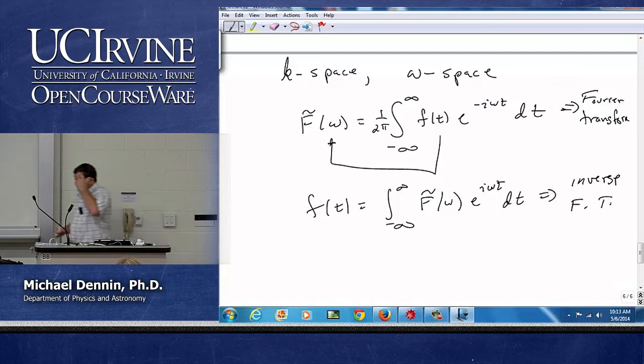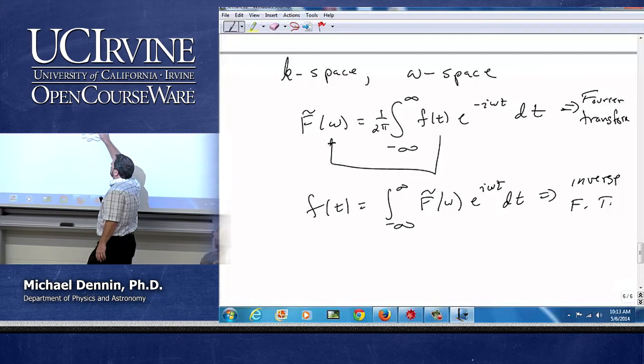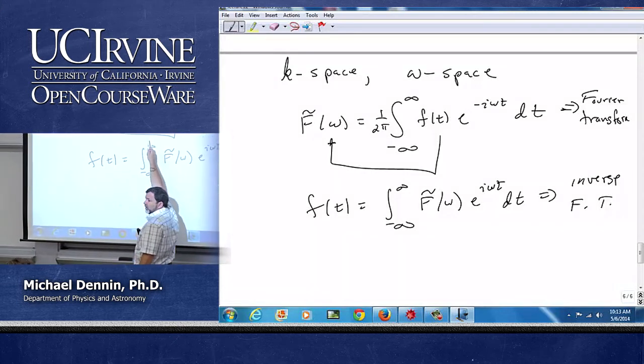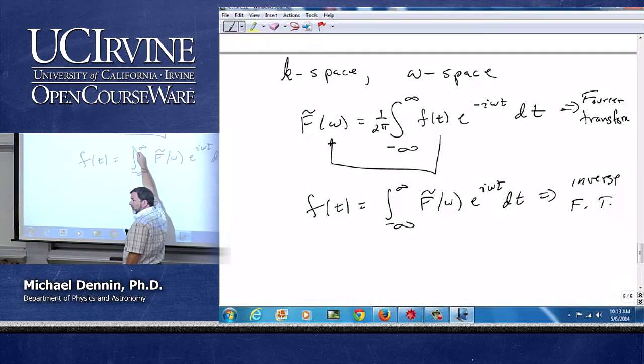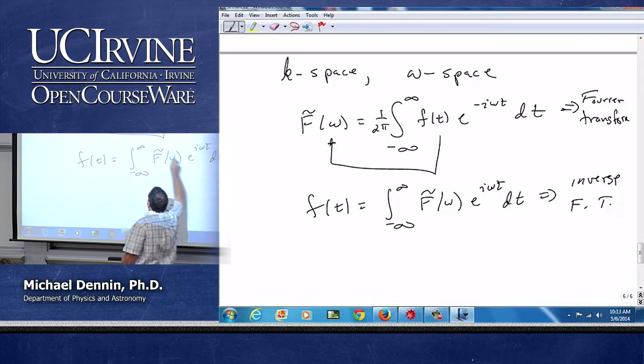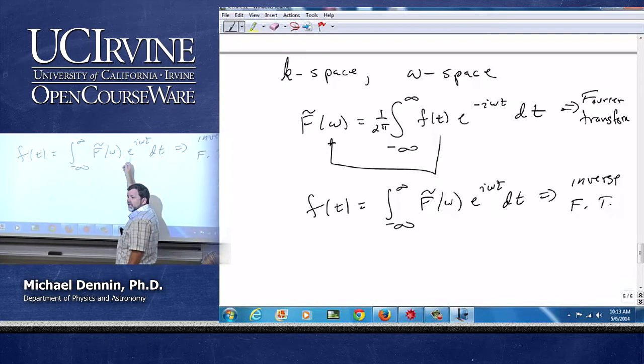And if you've noticed, just because it's the most common when you're doing differential equations, I've switched to the convention of my 1 over 2 pi being completely with the Fourier transform instead of a square root of 2 pi in each case. If I'm really thinking carefully in terms of linear vector spaces, I'm going to put the square root of 2 pi in each case because that's my normalization factor.